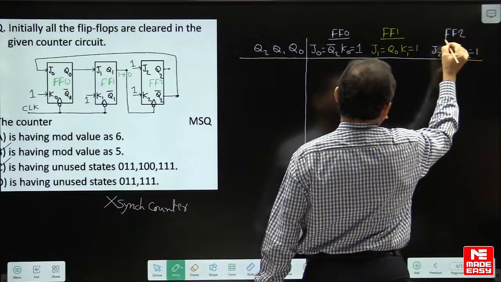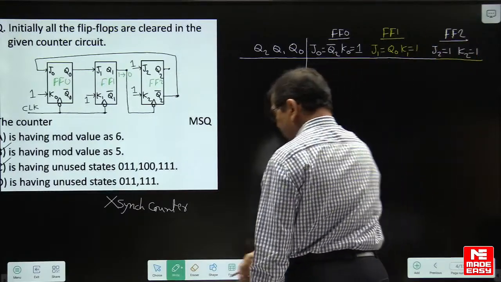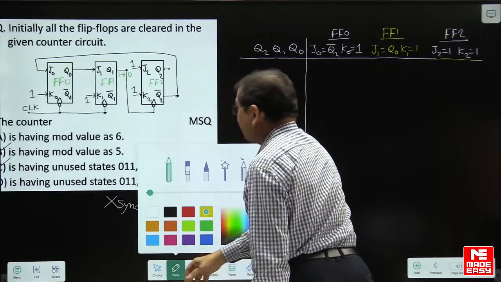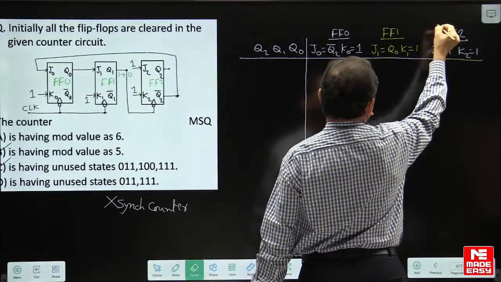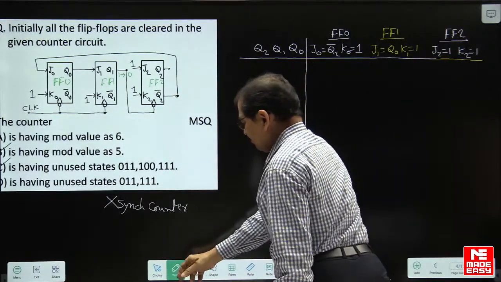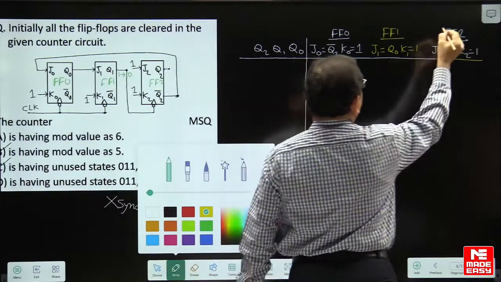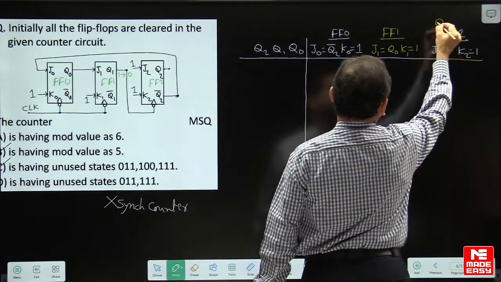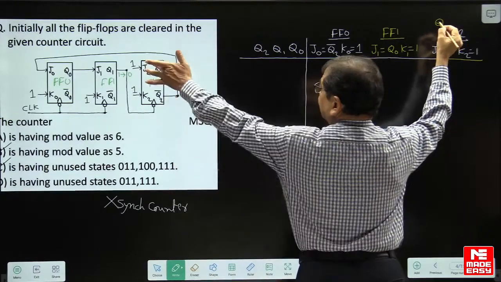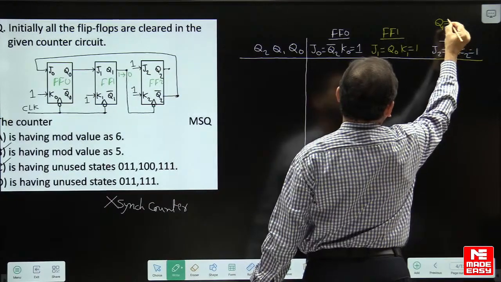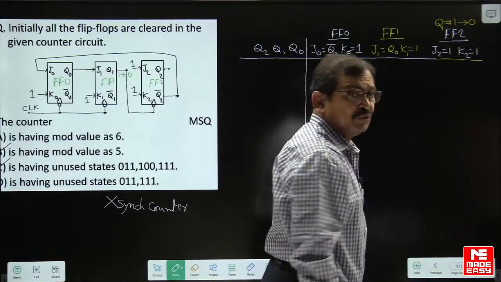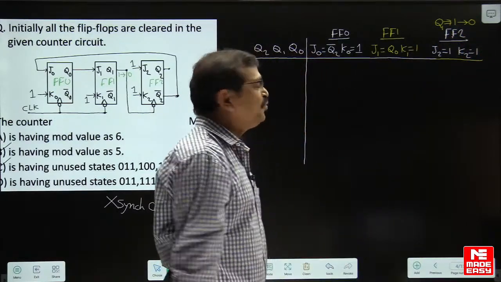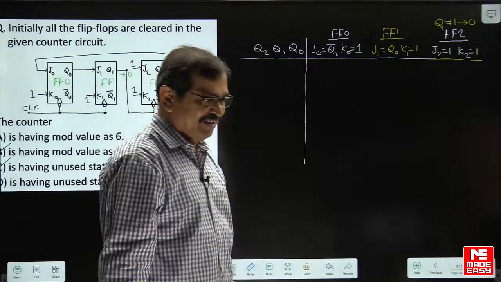The important thing here is that flip-flop 2 is having chance to change its value if and only if Q1 is changing its value from 1 to 0. If Q1 is changing its value 1 to 0, then only flip-flop 2 is having chance to toggle.